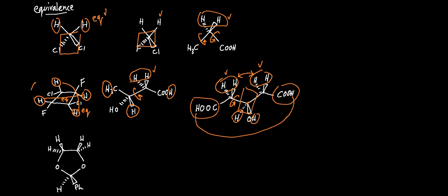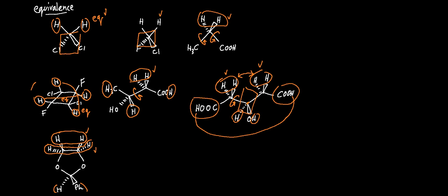Rings are locked, and so this ring has a phenyl group on the upper face, proton on the lower face. The whole ring is locked. It might flex a little bit, but the phenyl's always on top, the proton's always on the bottom. Therefore, the top face is a different chemical environment than the bottom face, and both protons here, while equivalent to each other, are different from these two protons here, which are equivalent to each other.